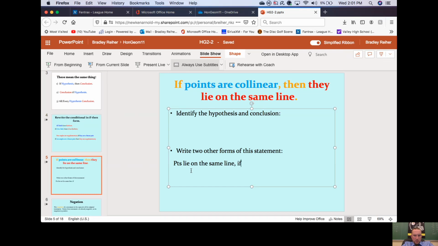Put if in the middle. They are collinear. Finish with your blue. This statement, points lie on the same line, if they are collinear, means the same thing as this one, because you followed your template.